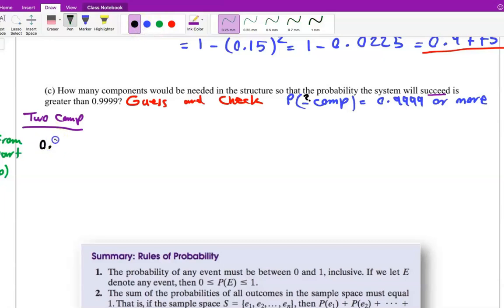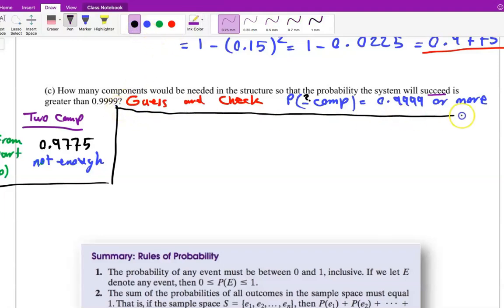The answer is 0.9775. And this is not enough because this is not equal to 0.9999. So this is not enough and we should continue. Now 3 components.